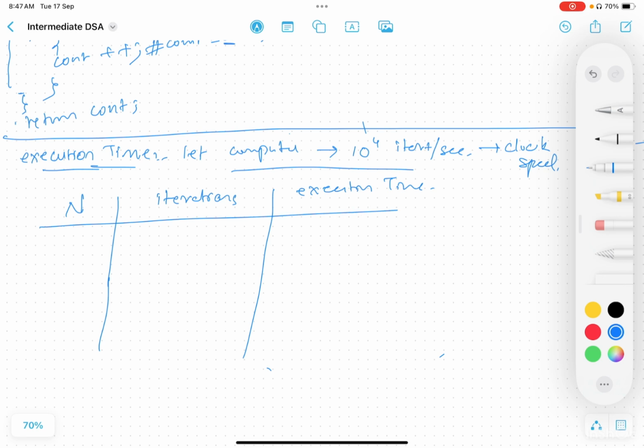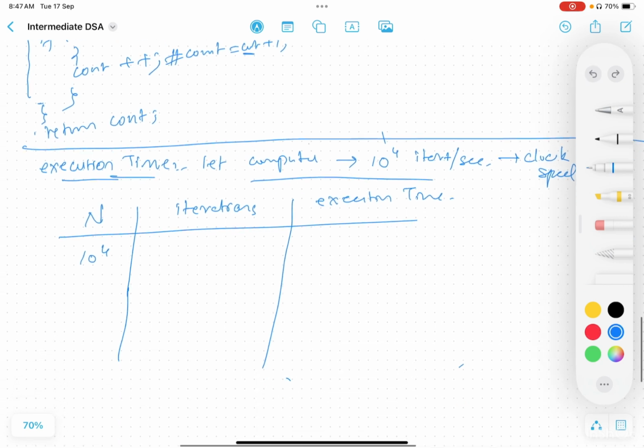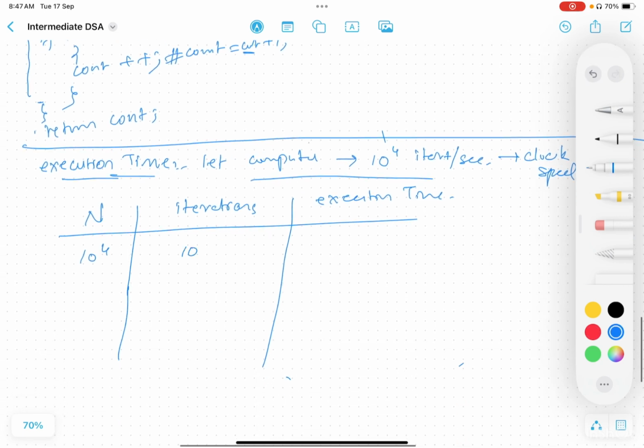If my number is 10 power 4, how many iterations will the above approach take? It is running from 1 to n, not skipping anything, right? Inside the loop also I don't see any skipping. That means here it is doing 10 power 4 iterations only. So whatever the n, it is doing that many iterations.